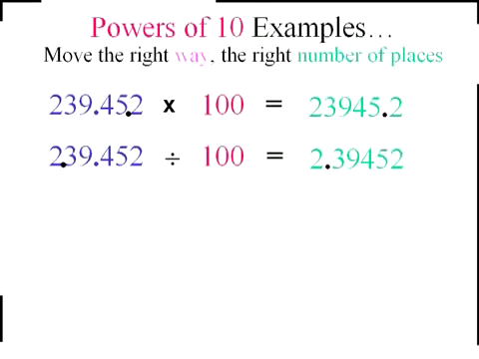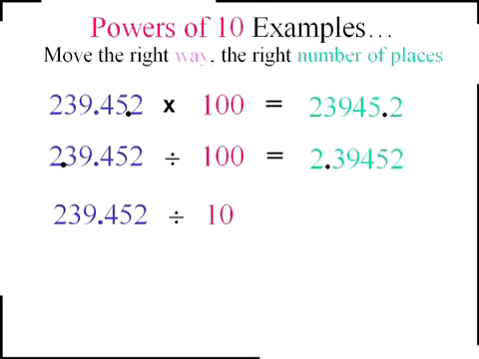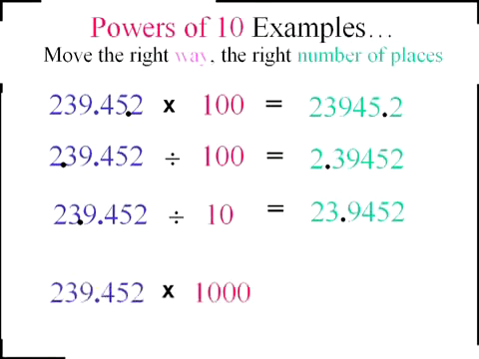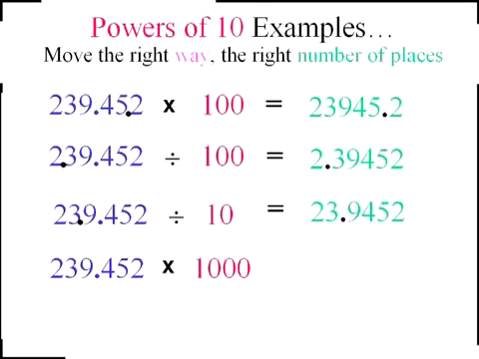It's a lot of numbers, isn't it? In this case, we're going to divide, so we're going to get smaller, but we're only going to divide by 10. So we're only going to move it over 1 place, aren't we? And there's your answer. Now don't forget, when you divide, you move to the left to get smaller. When you multiply, we're going to move to the right, the same number of zeros that are in the power of 10.